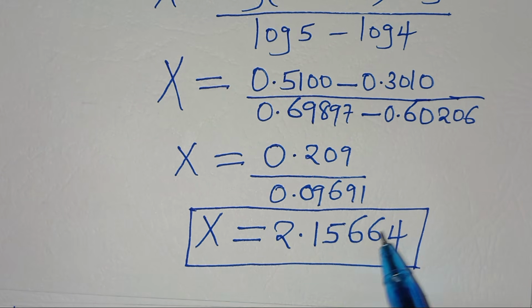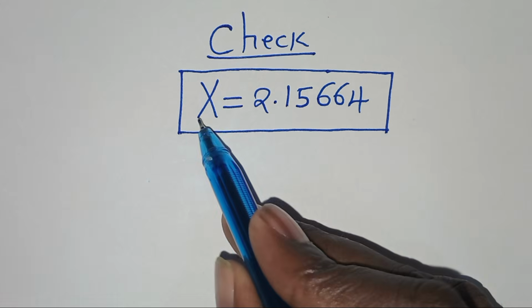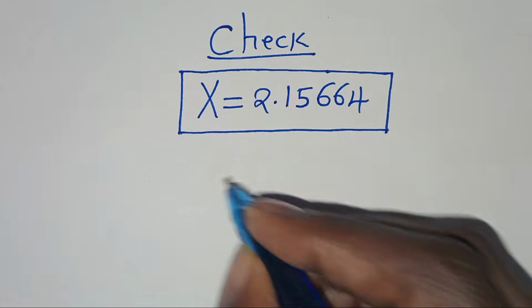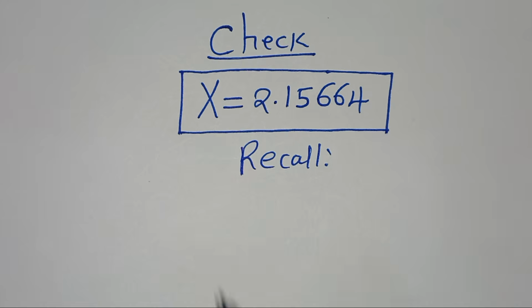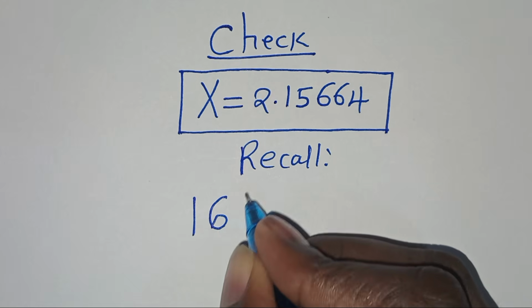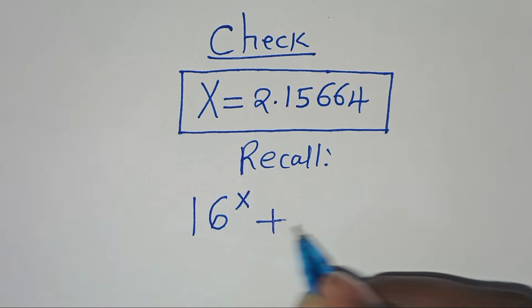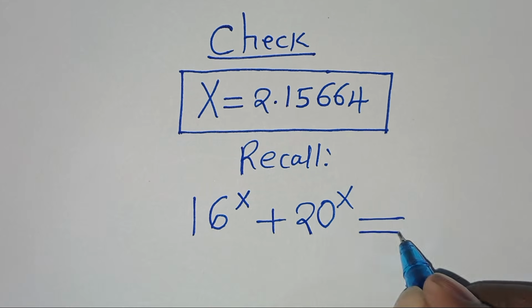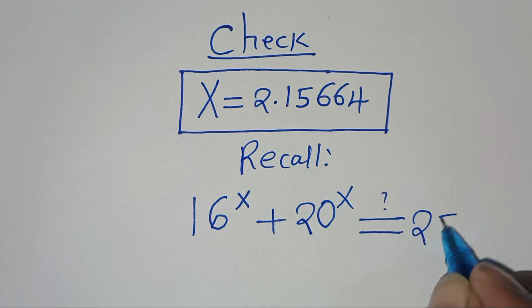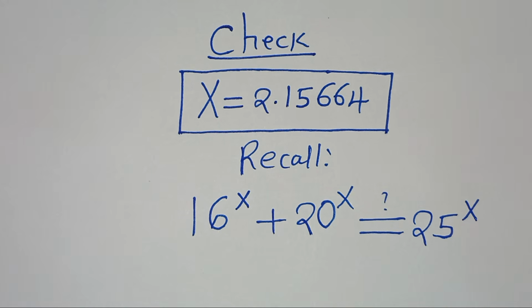Now let's check if this value of x satisfies the equation. If you recall, we have 16 raised to the power of x plus 20 raised to the power of x. This should be equal to 25 raised to the power of x.